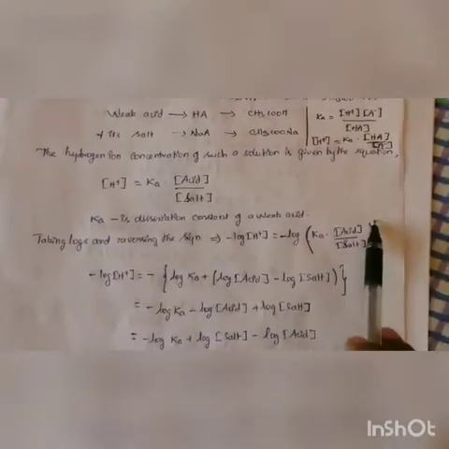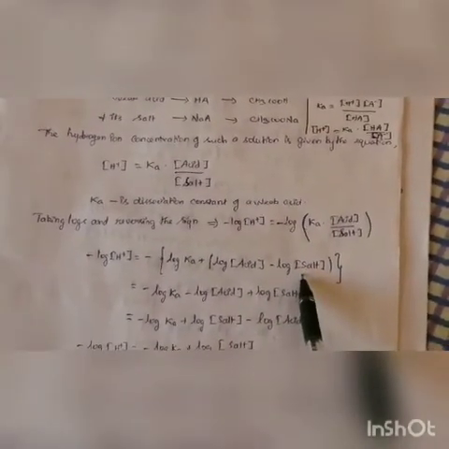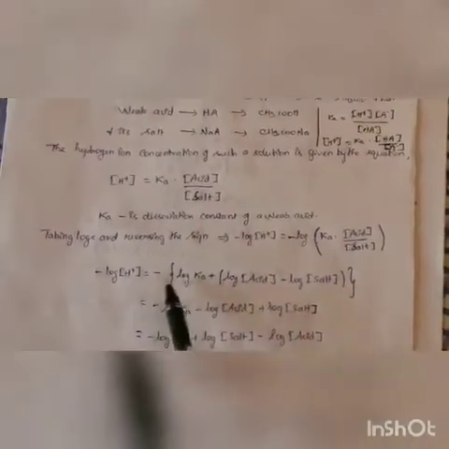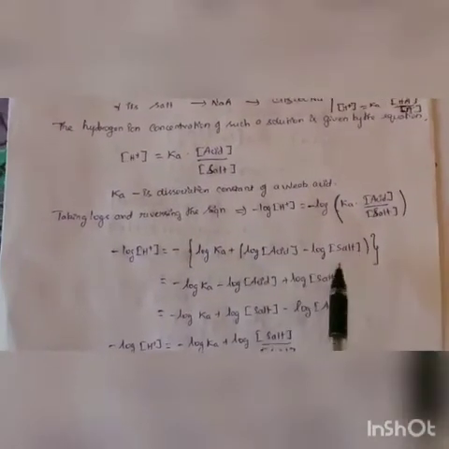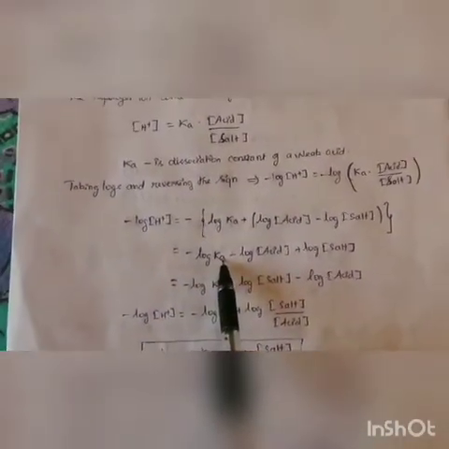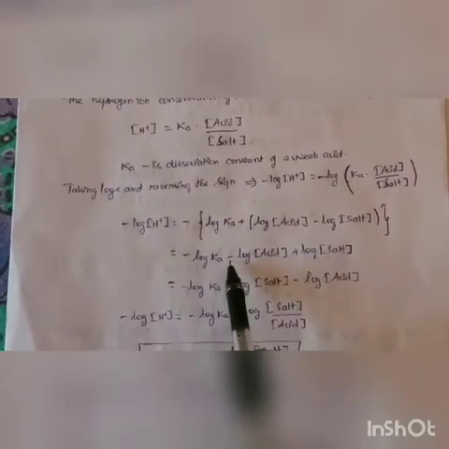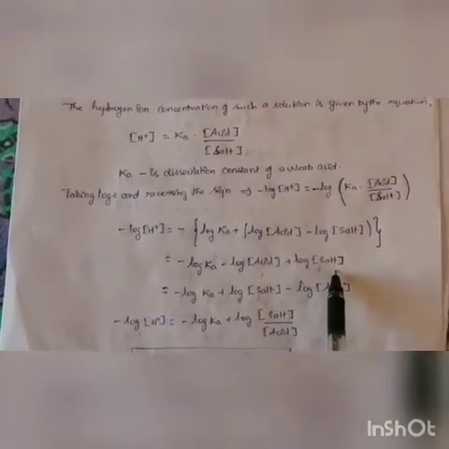The division becomes minus log of concentration of salt. If you multiply the whole by minus, we get minus log Ka, minus into plus gives minus log acid, and minus into minus becomes plus log concentration of salt.